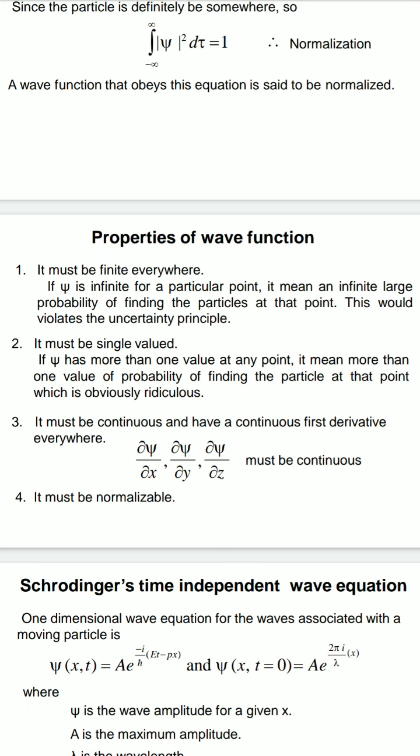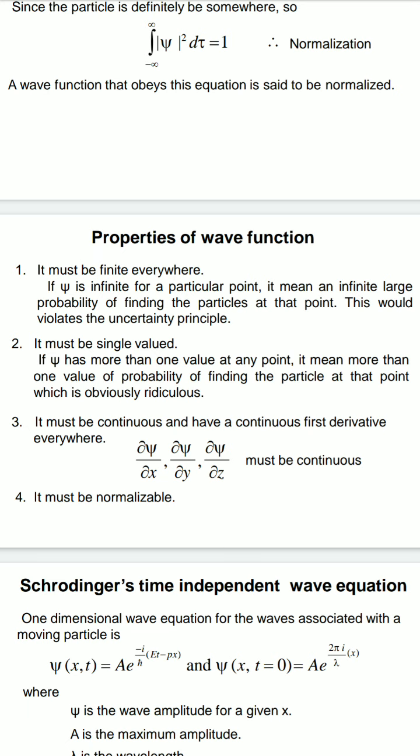So it must be finite everywhere, and it must also be single valued. Psi should not have two or three values at a point; it should have only one value. If psi has more than one value at a point, it means more than one probability of finding the particle at that point, which is obviously ridiculous. It can have only one probability at one time, at one point.